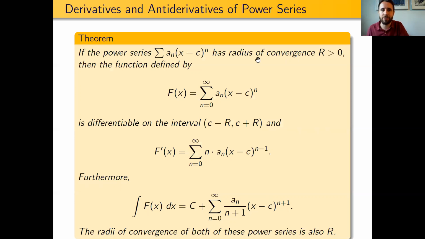So this is a power series, let's be clear, that is centered at c and has coefficients of the form a sub n. This is just a regular power series, a sum as n goes from 0 to infinity. It has a certain radius of convergence, and within that radius of convergence we are defining this power series by the function f of x.